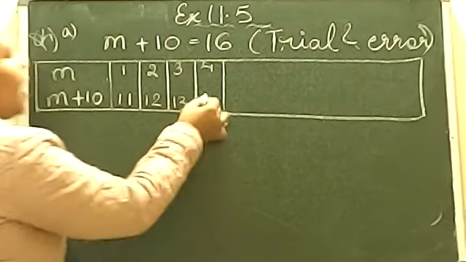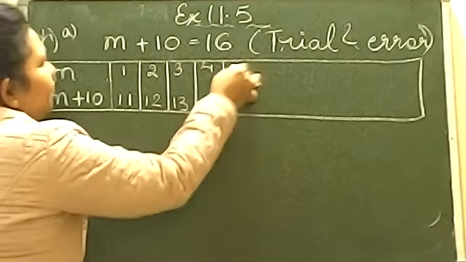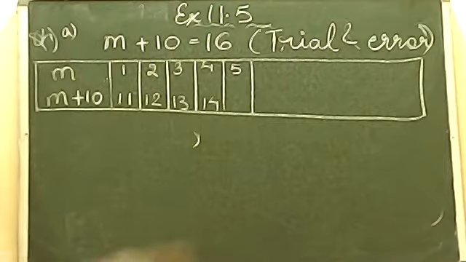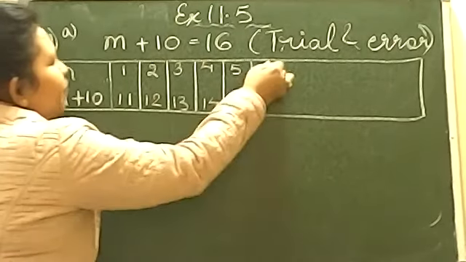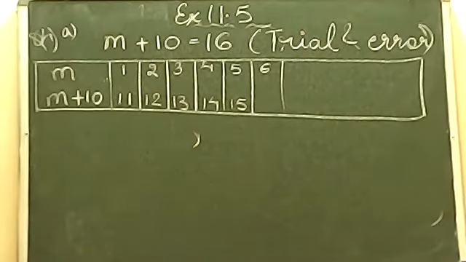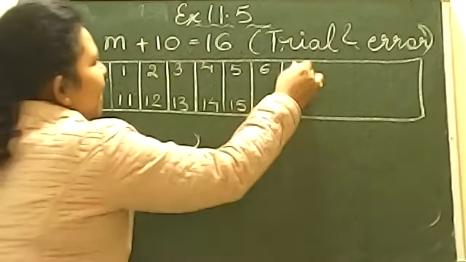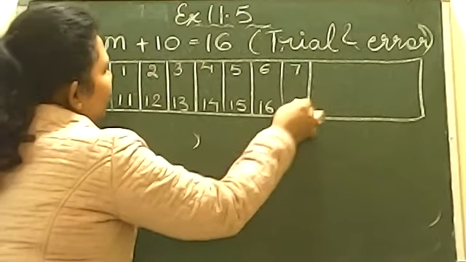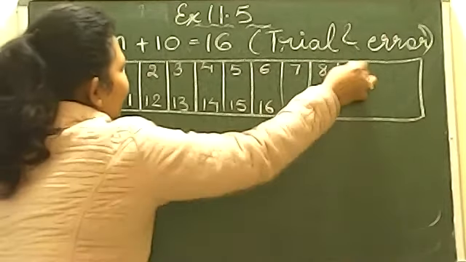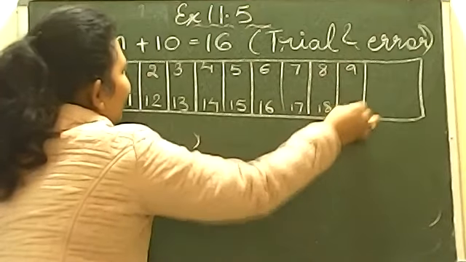If you place 5, then 15. And if you place 6, then 16. Very true. The same way, when you put 7, you will get 17. When you put 8, you will get 18. When you put 9, you will get 19.